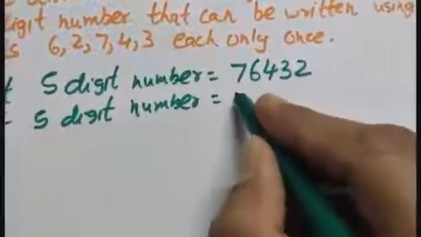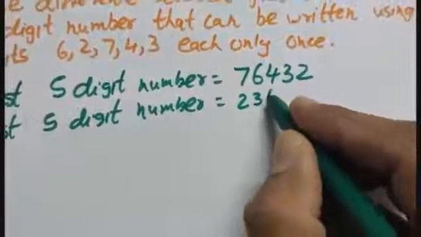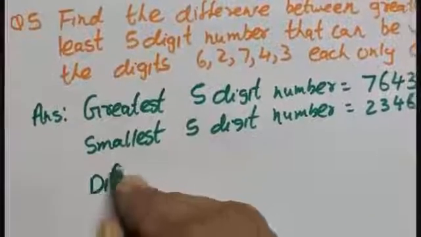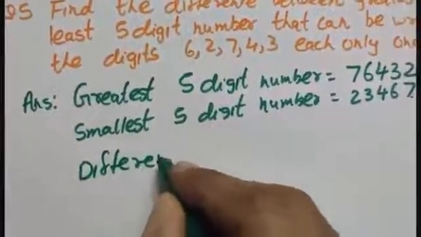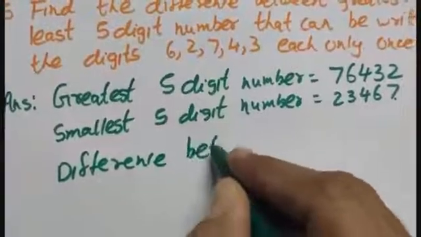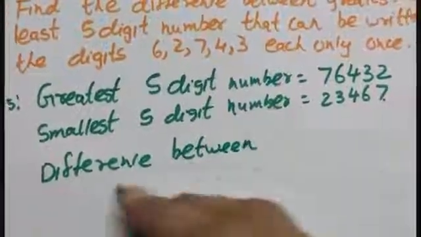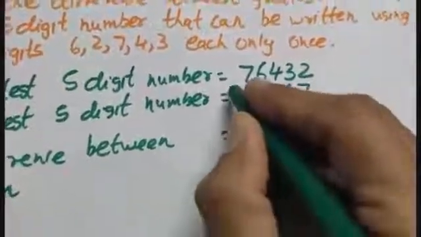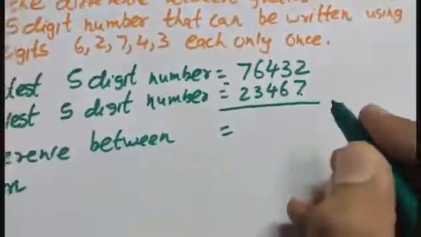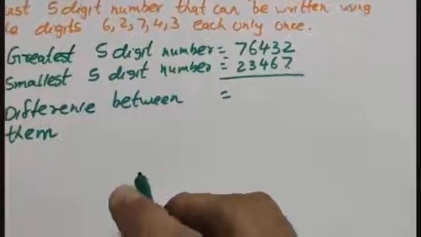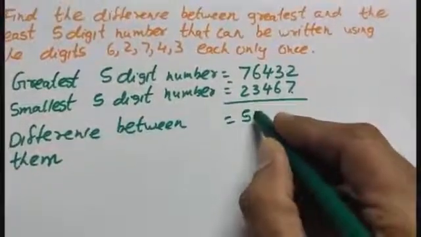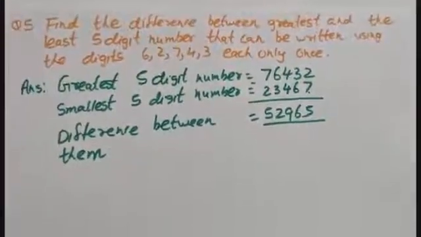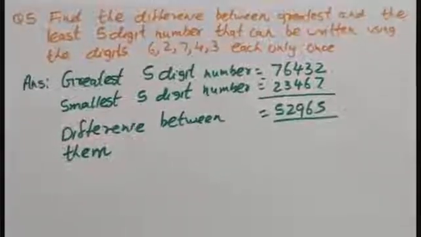So we'll reverse this order: 2, 3, 4, 6, 7. Then the difference between them. So we will just subtract this. Okay, the difference between them will be 5, 2, 9, 6, 5. Okay, this is your answer.